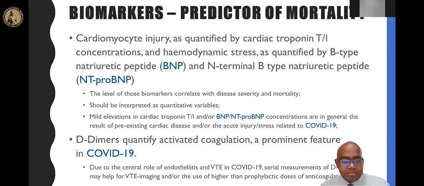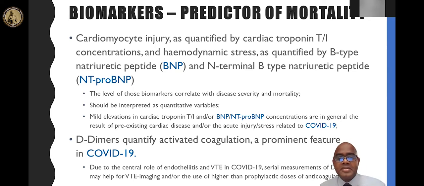Thirdly, the D-dimers also play a very important role in detecting cardiac presentations. Now, we know that the endothelitis or endothelial inflammation is the hallmark of venous thromboembolism in COVID-19. So the D-dimers are a coagulation degradation product, which denotes the endothelial damage and coagulation cascade activation.